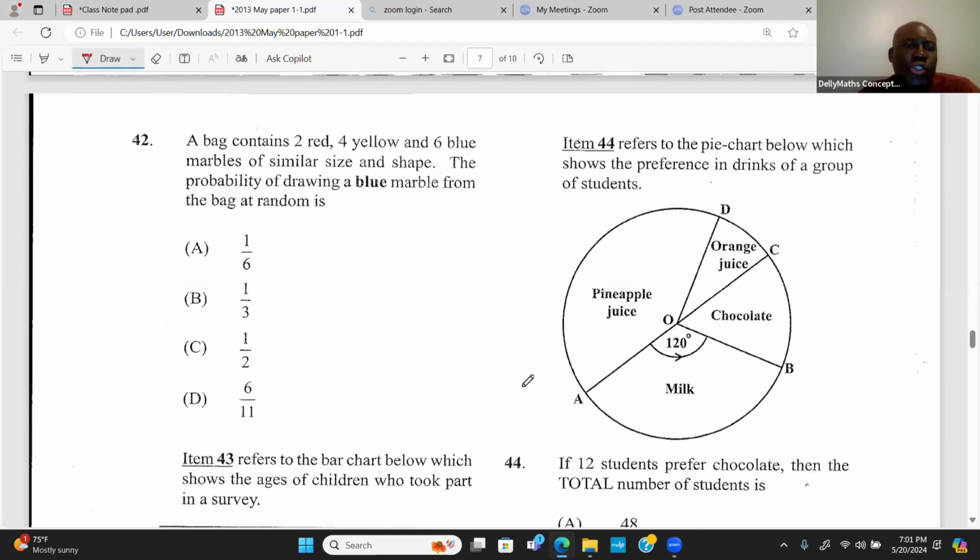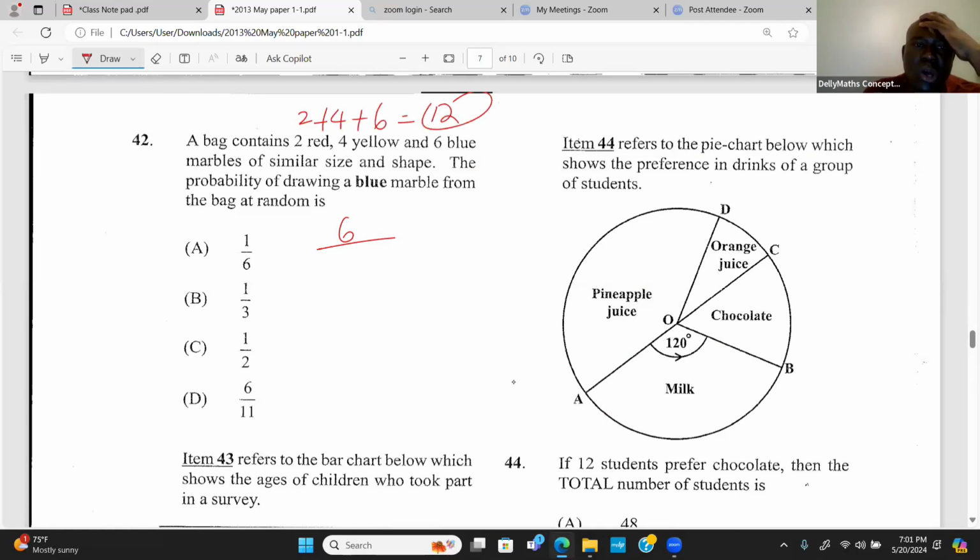A bag contains 2 red, 4 yellow, and 6 blue marbles of similar size and shape. The probability of drawing a blue marble from the bag at random is what? So basically, blue is 6 out of the total. So you want to add up these. I think you're going to get 12.